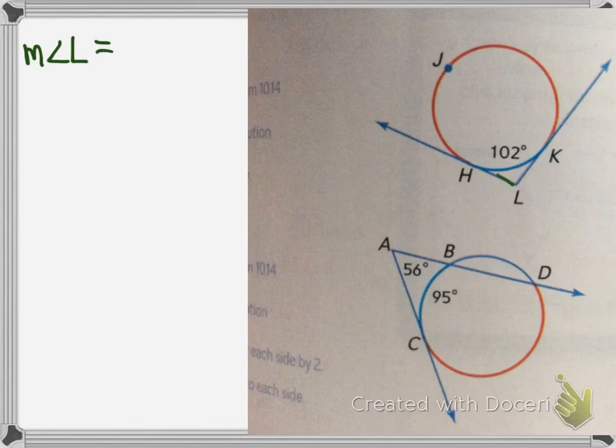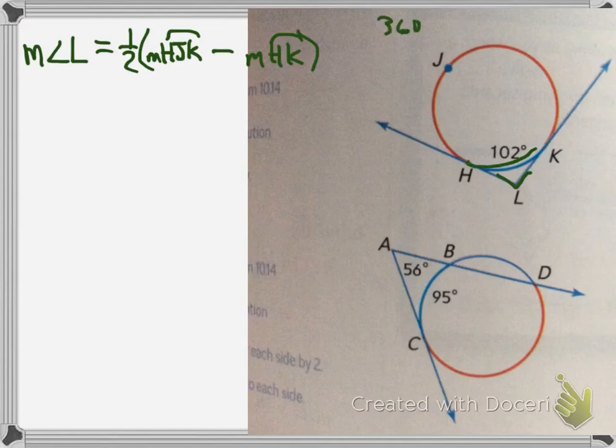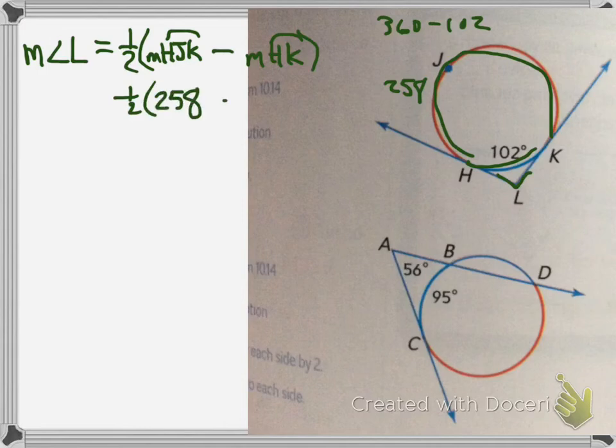So if I subtract 102 from 360, I get 258 degrees for H to J to K, and from H to K I have 102. I subtract those two and take half of that, and that gives me angle L, which is on the outside. That should be 78 degrees.